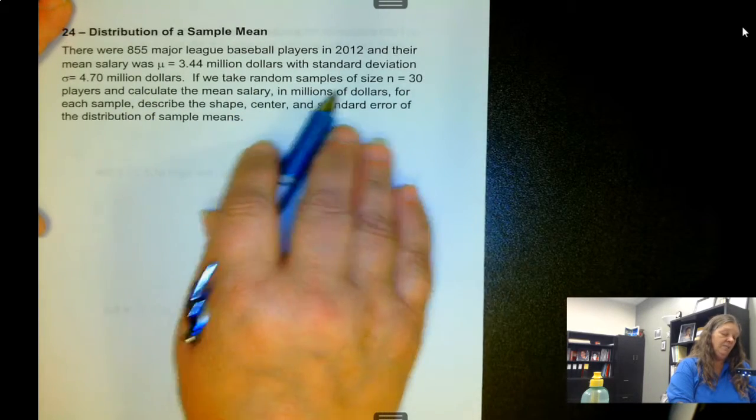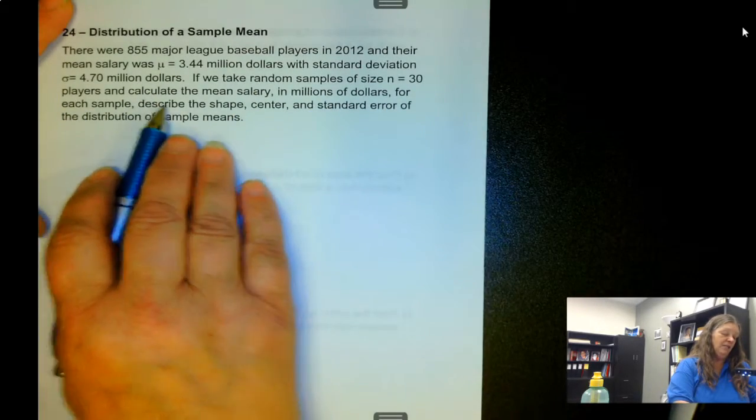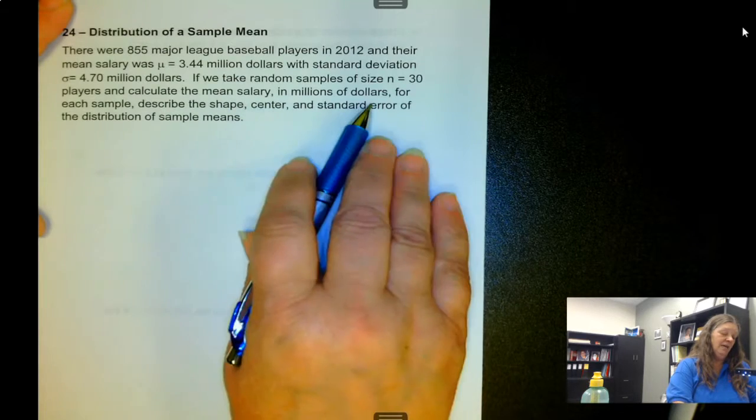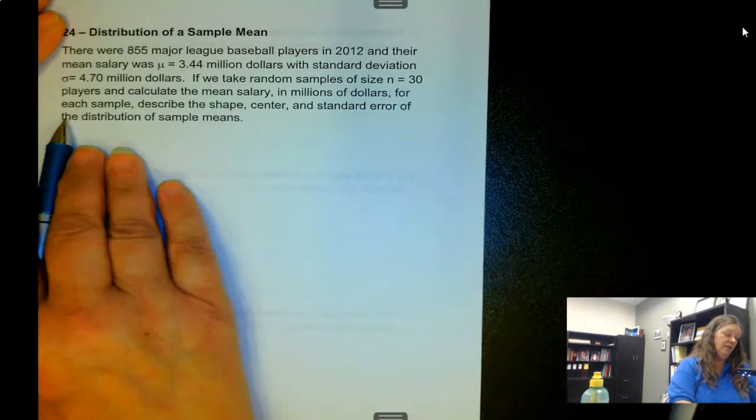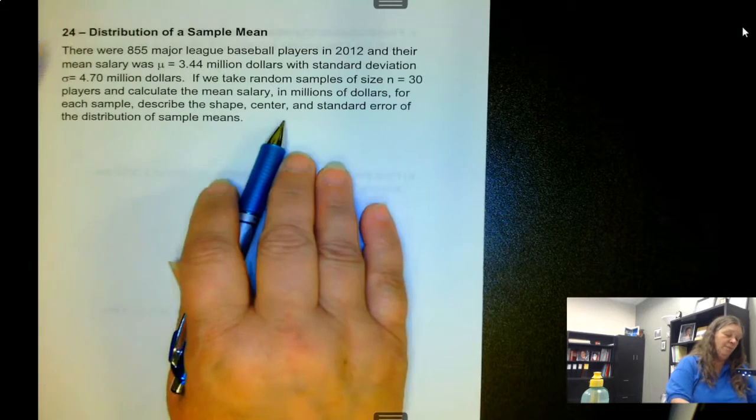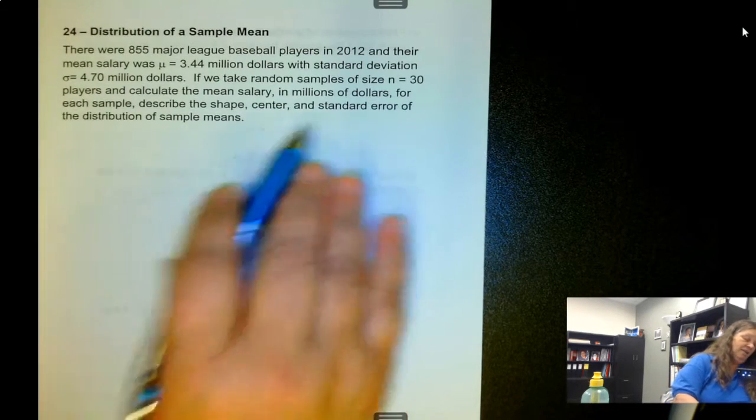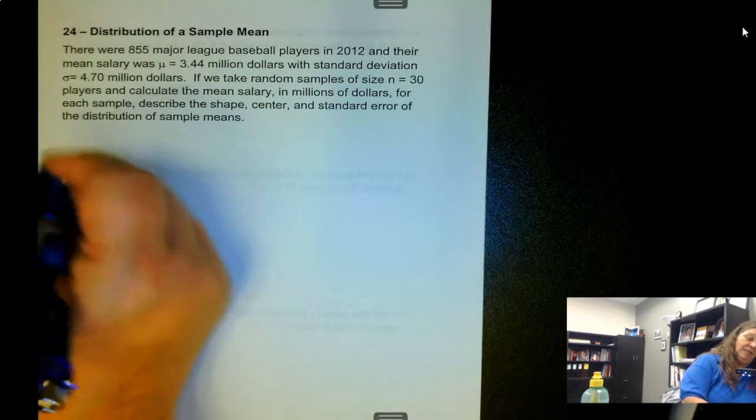If we take random samples of size 30 players and calculate the mean salary in millions of dollars for each sample, describe the shape, center, and standard error of the distribution of sample means.